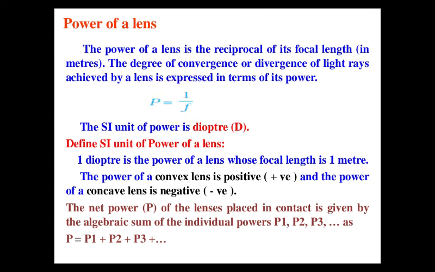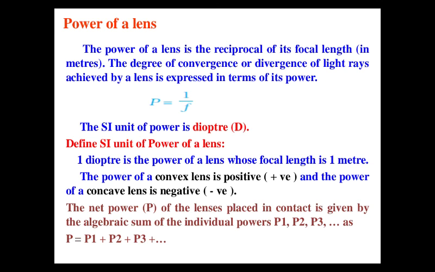The SI unit of power of lens is the diopter. If the question is what is the SI unit of power and define it, you will write that the SI unit of power is diopter, and when you define it, you will say that the diopter is the power of a lens whose focal length is 1 meter, means power is 1 diopter if focal length is 1 meter.